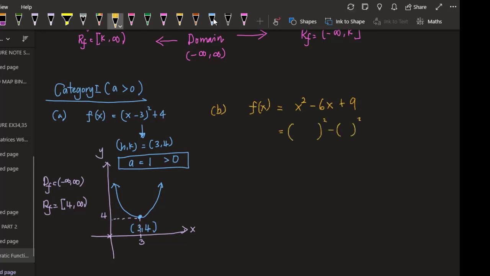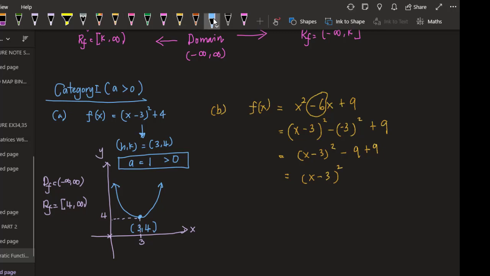Copy down the constant only. Inside is the coefficient of x divided by 2, so it's negative 3, giving x - 3. So you get (x - 3)^2 - 9 + 9. Coincidentally, there is no constant left, so you get (x - 3)^2.